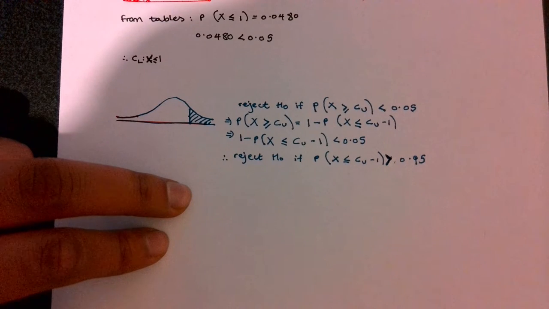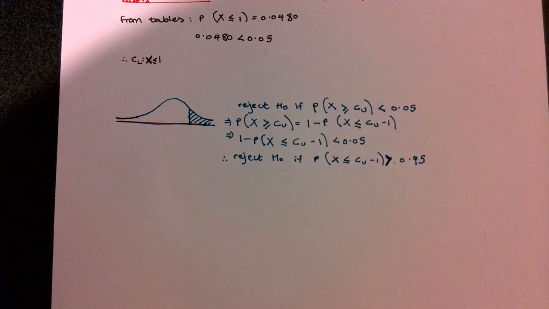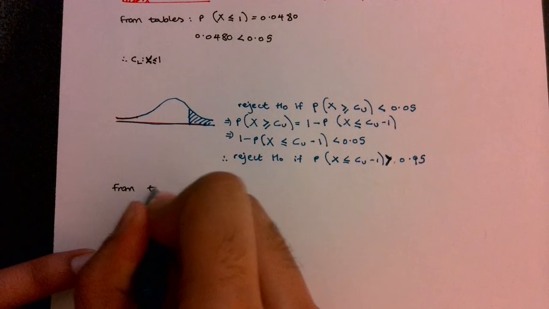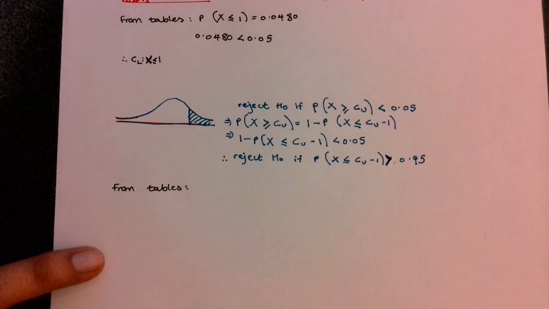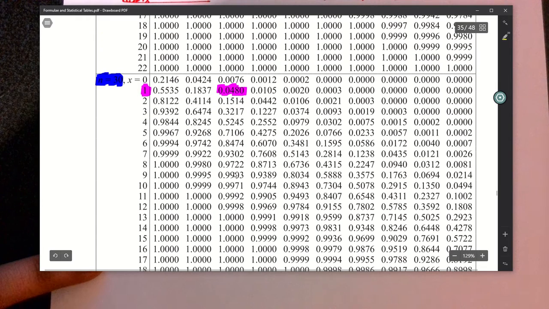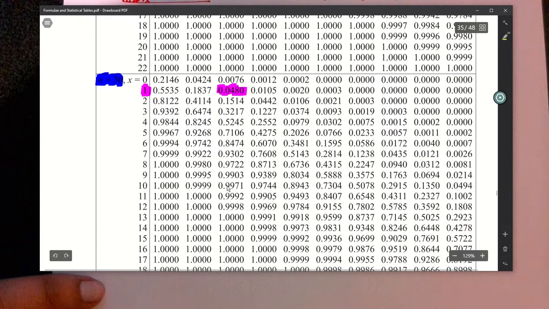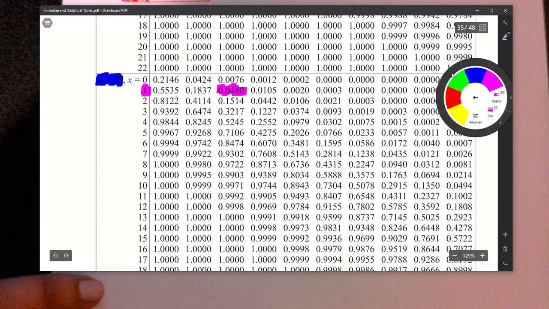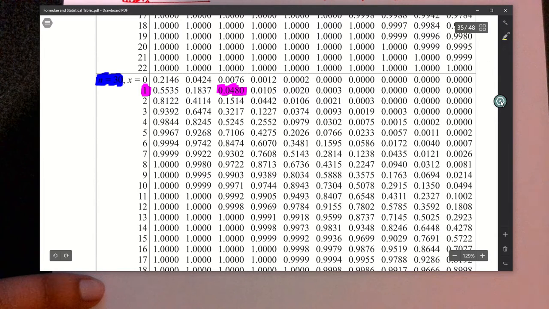And if we take a look at the tables, so from tables, if we go back to our tables, where we have a value that's greater than 0.95, if I grab a red pen for example, that's over here at this 0.9722, and that corresponds to x equaling 8.